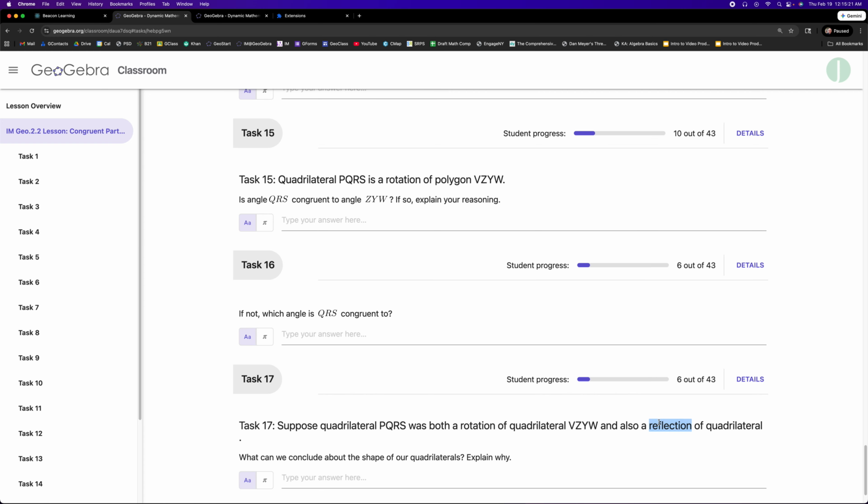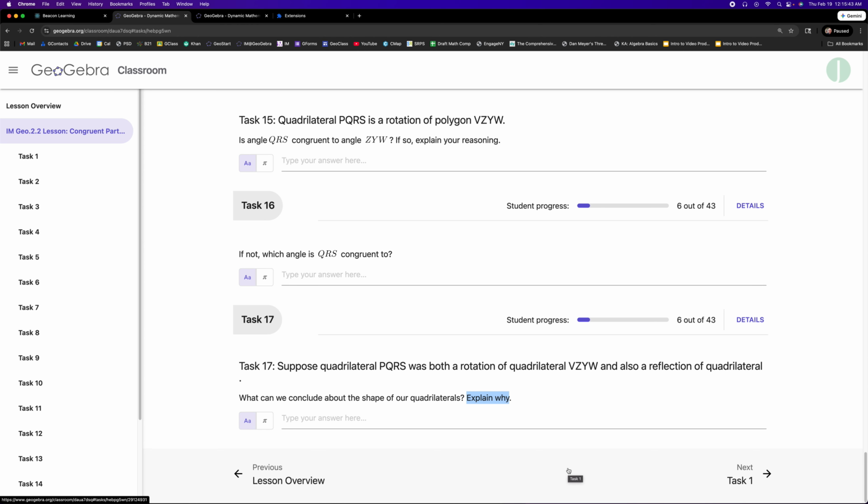We didn't change the shape, and we didn't change the size. So as a result, they have to still be the same. So these two quadrilaterals have to be congruent still. And the reason is that all we did was use rigid transformations to get from one to the other. Okay? All right, that's it.